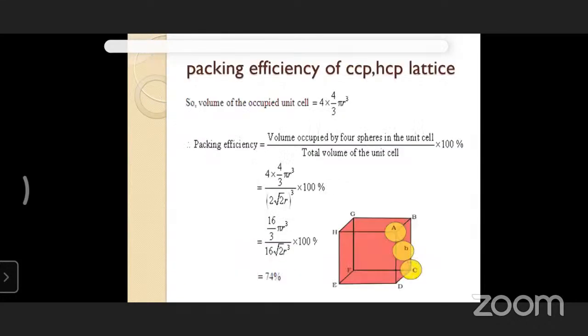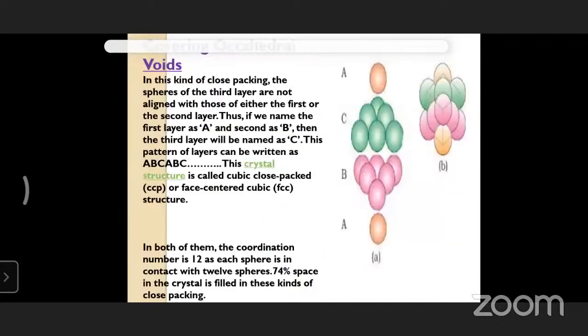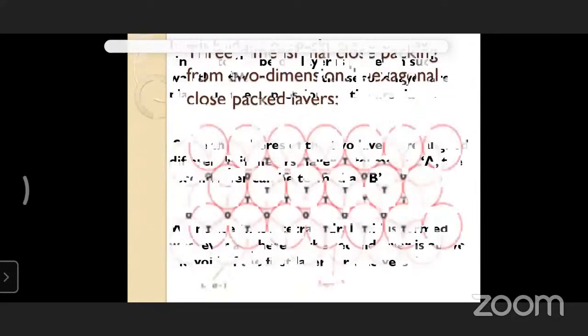Okay. So in this manner, we get the packing efficiency, which we already discussed in the initial slides, once you observe clearly. This is the packing efficiency we have said: body centered cubic unit cell 68%.